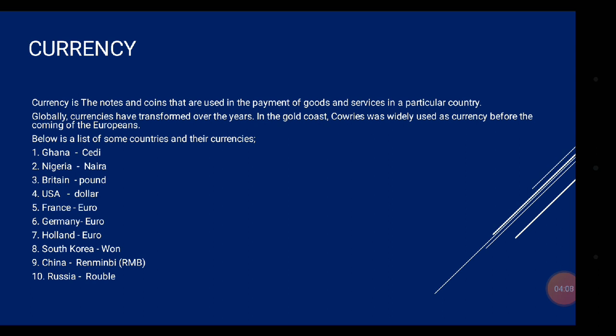This is just a few of them. In South Korea, they spend the won. And in China, the currency is renminbi or the RMB. If you can't pronounce renminbi, just shorten it to RMB. In Russia, the currency is ruble.